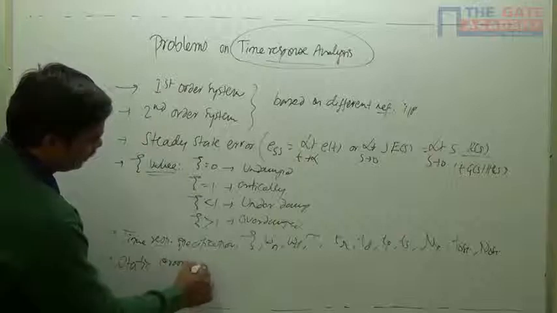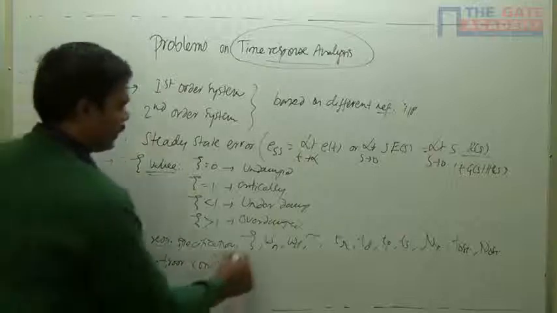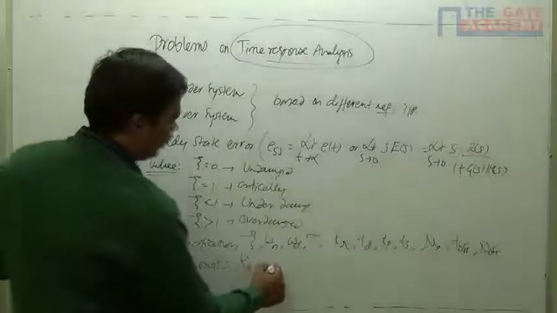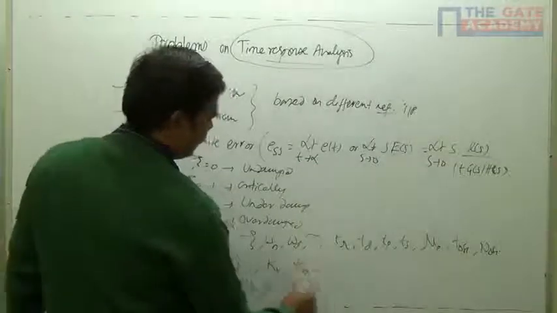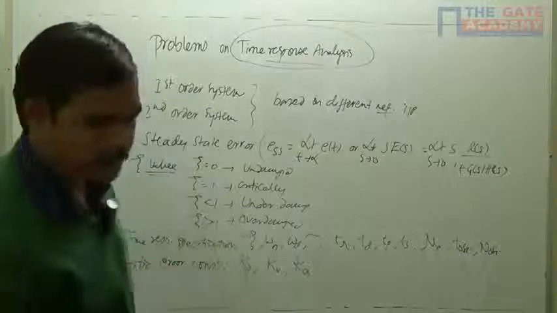And lastly, the static error constants: the positional error constant Kp, the velocity error constant Kv, and the acceleration error constant Ka.